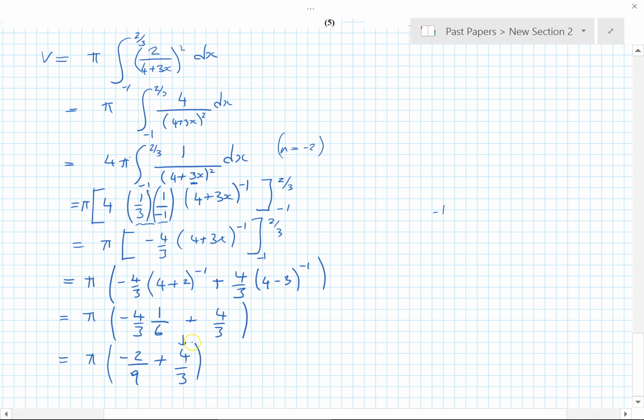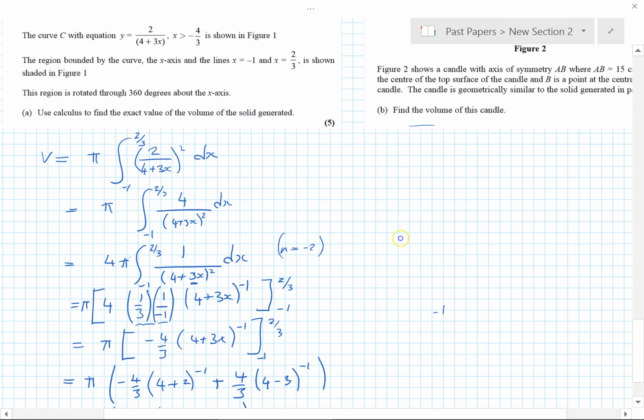I beg your pardon, I'm making too much of a fuss of this. I know most of you use calculators anyway, so haven't done C1 anymore, but this number, of course, is 12 over 9. So the final answer is 10 pi over 9.